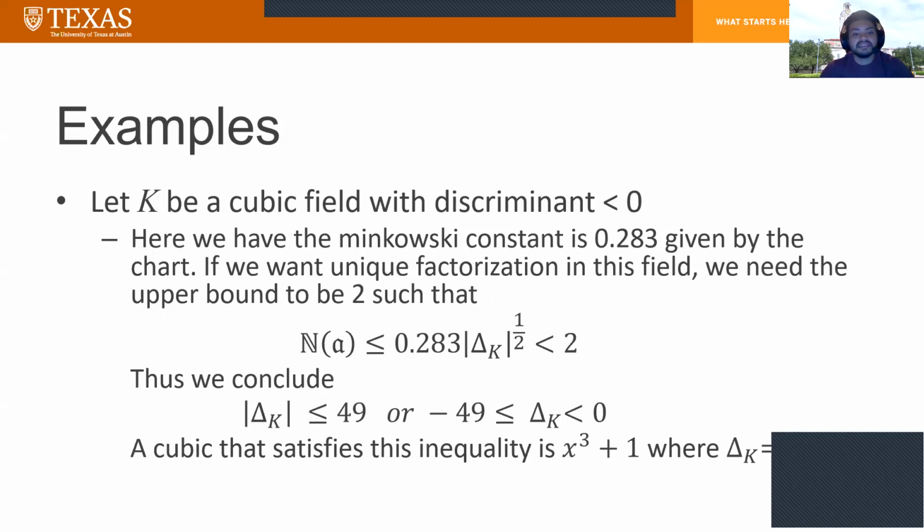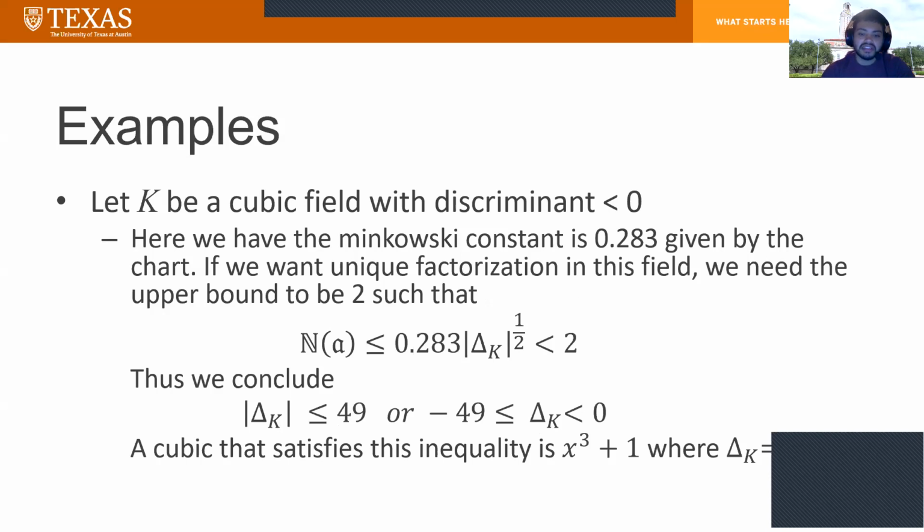Now, let K be a cubic field with a discriminant less than 0. Here we have the Minkowski constant is 0.283 given by the chart. If we want unique factorization in this field, we need the upper bound to be 2, such that the following inequality holds.